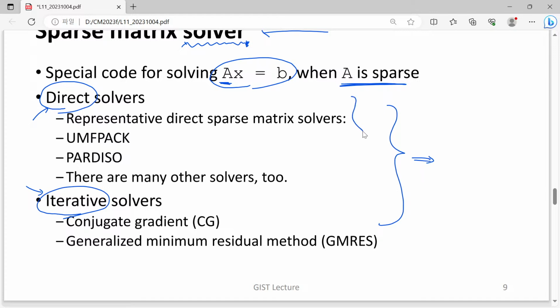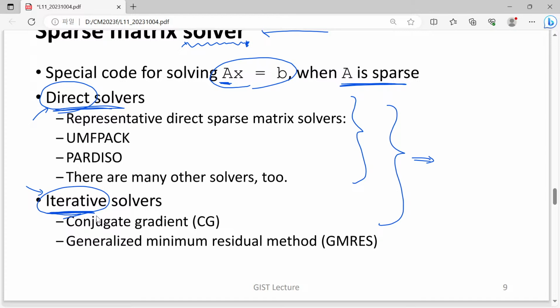I would say that of course this direct solver is really based on decomposition technique, so this one is more reliable. However, nowadays we have very good iterative solvers, and when an iterative solver says that I have solved that AX equal to B problem, then we can trust it.